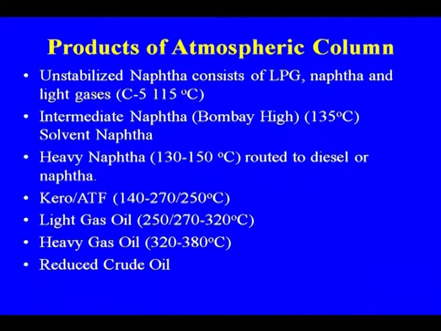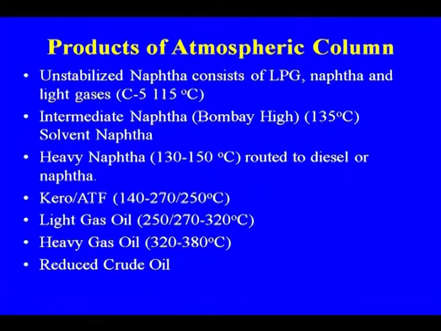The temperature, actually the cut which you are taking, different cuts, because some component of kerosene, some component of diesel, all these things may be there. So, light gas oil or the diesel fraction, and reduced crude oil, which will go for further processing, further separation in the distillation column.